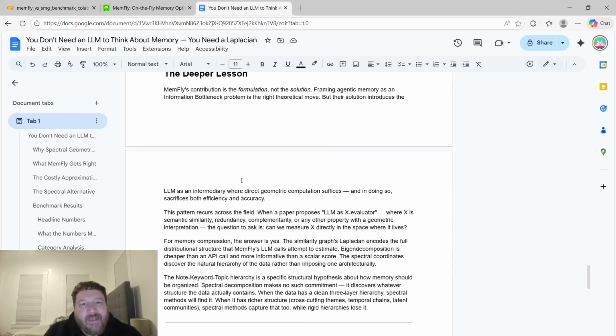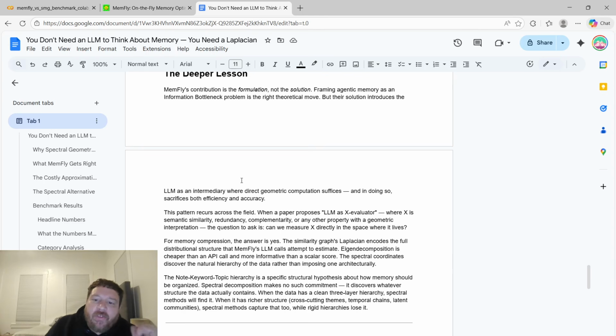Framing agentic memory as an information bottleneck problem is the right theoretical move. But their solution introduces the LLM as an intermediary where direct geometric computation suffices, and in doing so, sacrifices both efficiency and accuracy. This pattern recurs across the field.